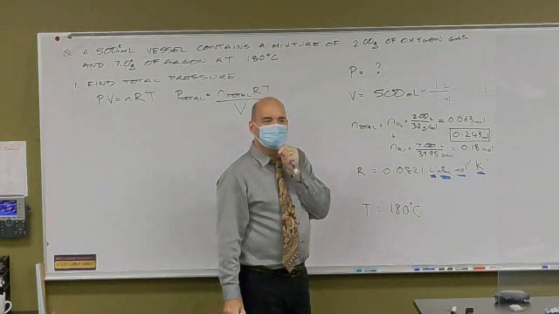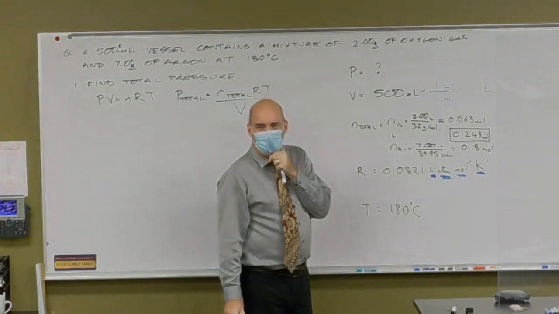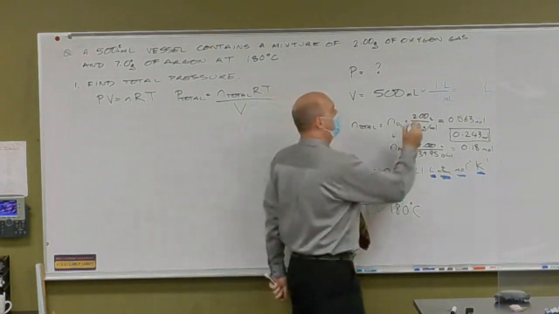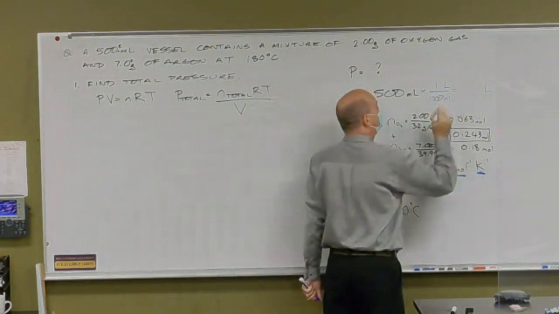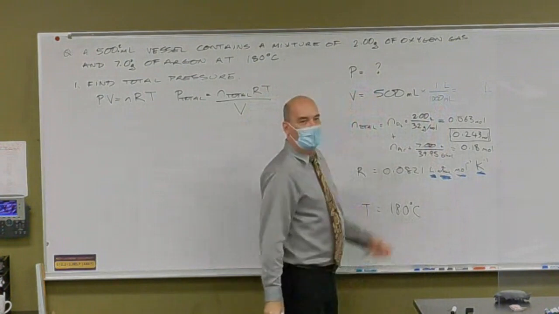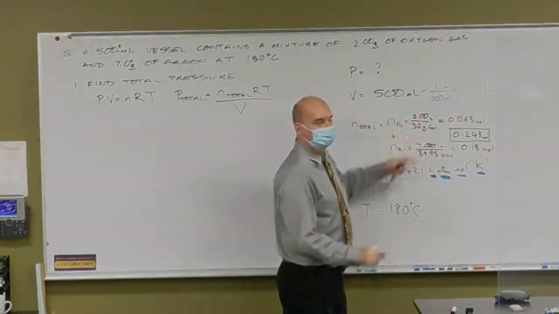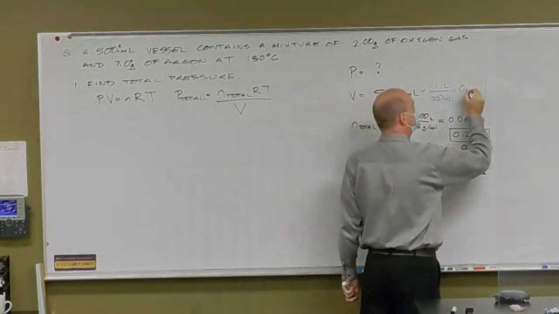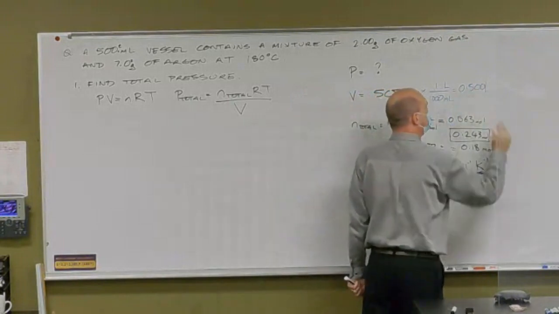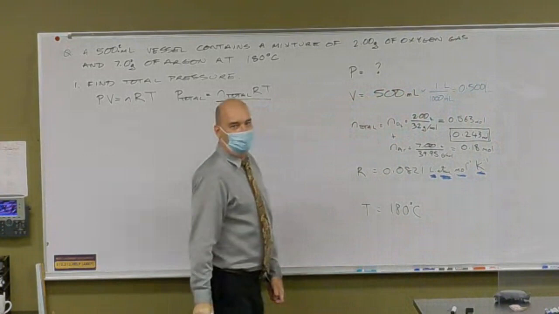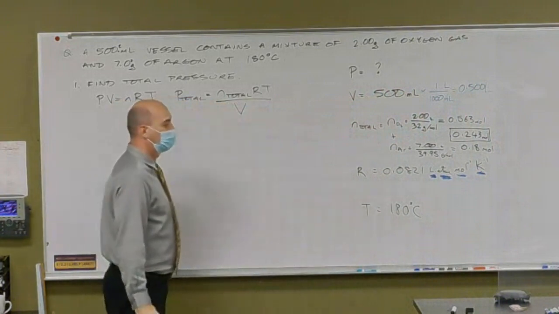It's always 1,000. The answer is always 1,000, week 1. 500 divided by 1,000 is 0.5. All right.